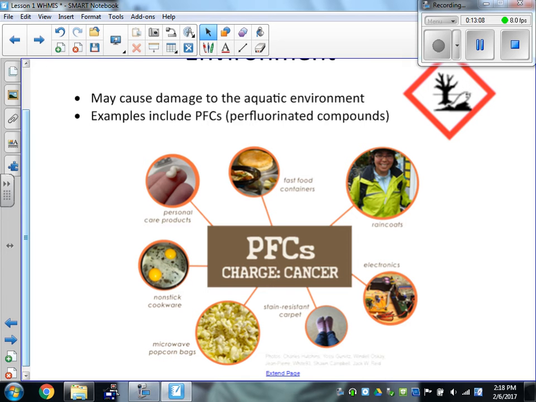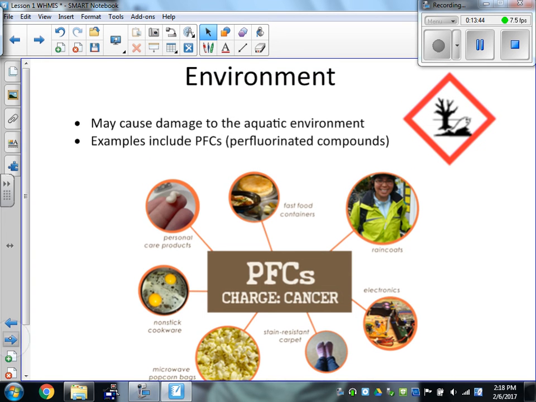Teflon pans are not great to cook with. They say you have to get them very hot to break down that compound, but normally now they don't have any more PFCs in them. Fast food containers, that plasticky, slippery stuff, that's what they're talking about there. And that's environmental.